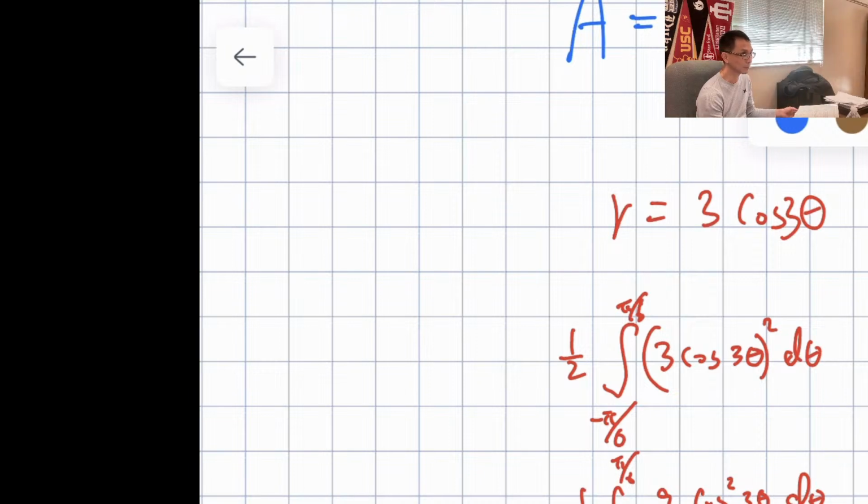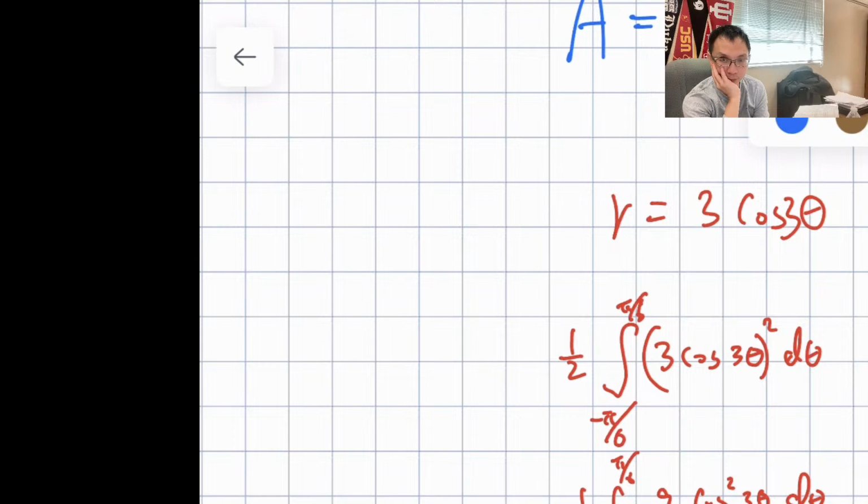Equals pi over 2 pi over 6 equals 18 pi over 24, which equals 3 pi over 4. How is it 3 pi over 4?